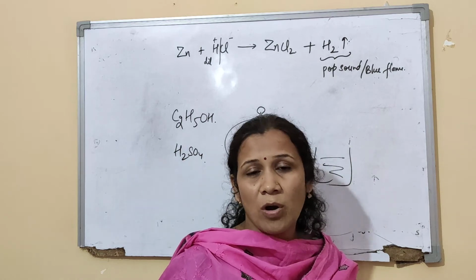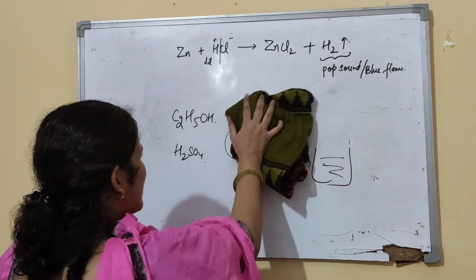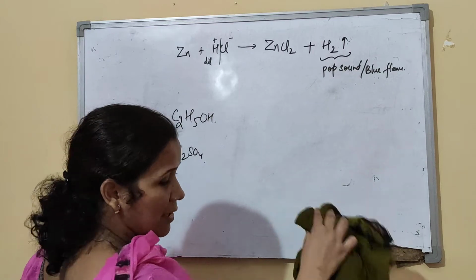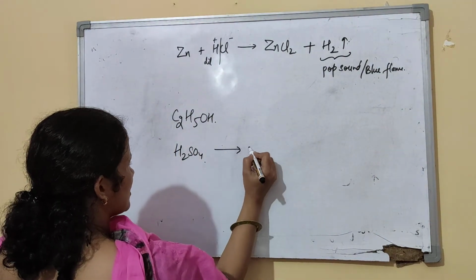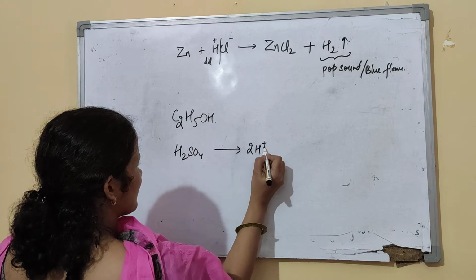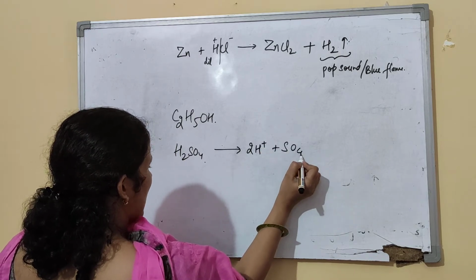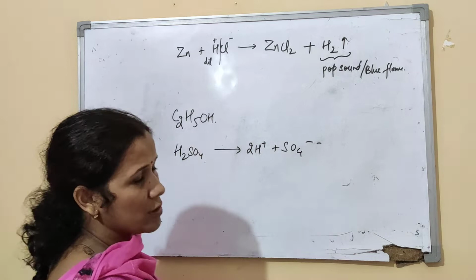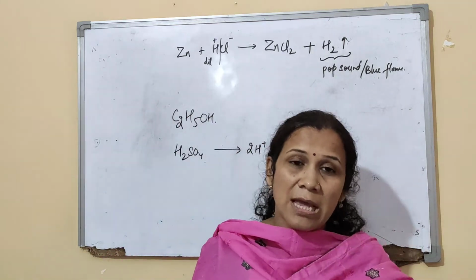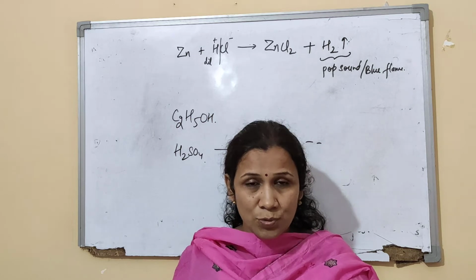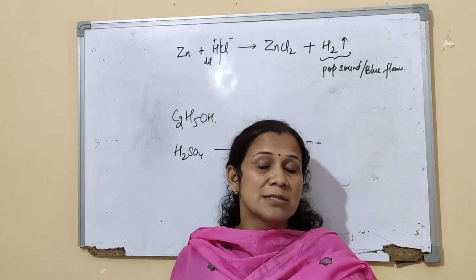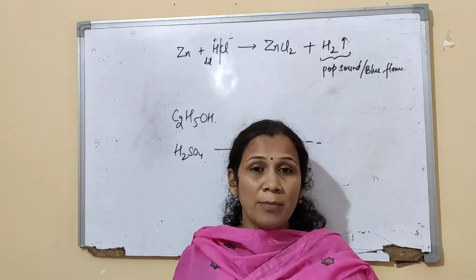So in acids, what is very important is that this hydrogen can be ionized like this. And that is the most important thing about any acid. Any acid which can give hydrogen ion in solution will be treated as an acid. So that is the common definition.